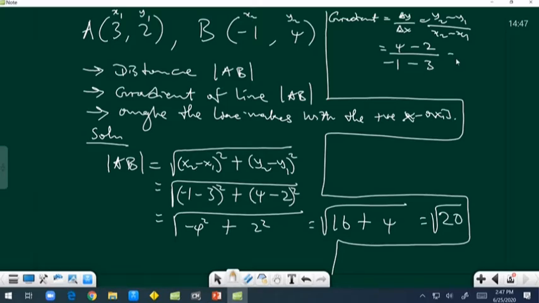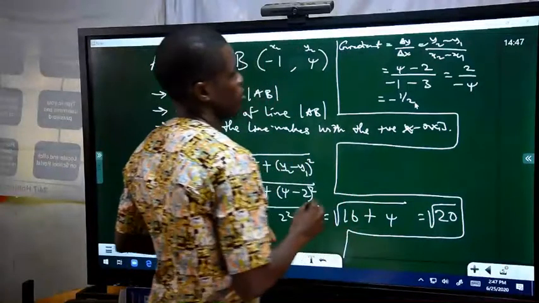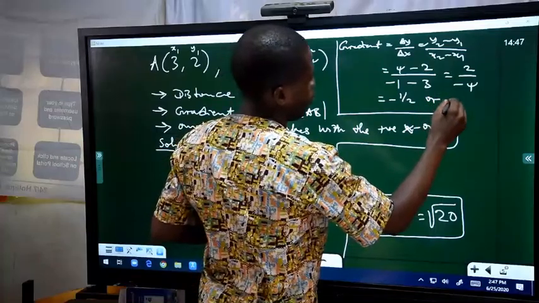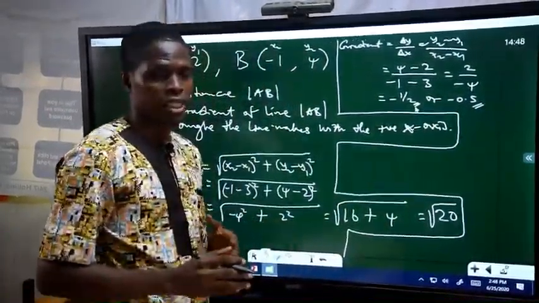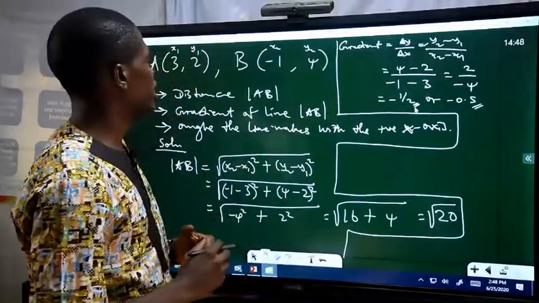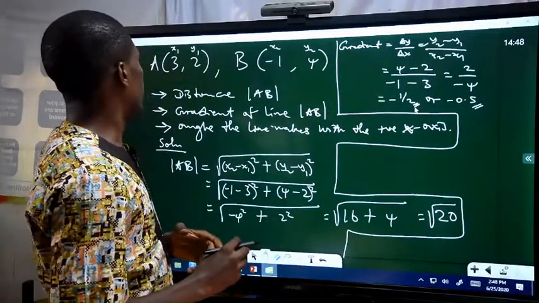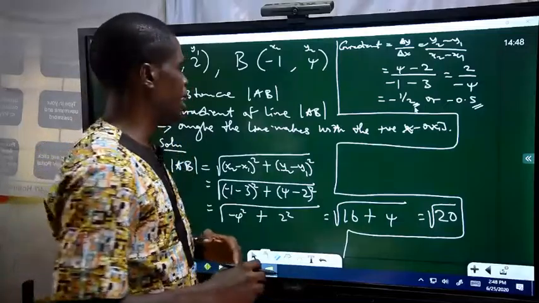So we have 2 divided by minus 4, which is equal to minus half. So this is the gradient, or you can say minus 0.5. In any way you can represent it. So we have the gradient and the distance between the points A and B.